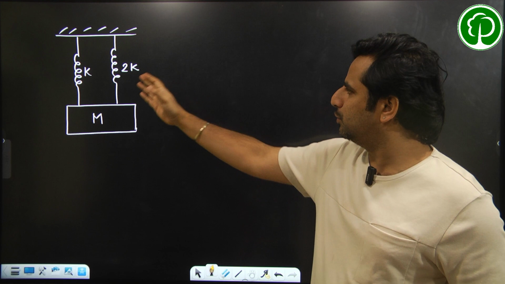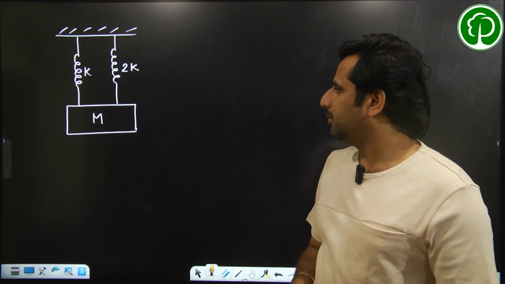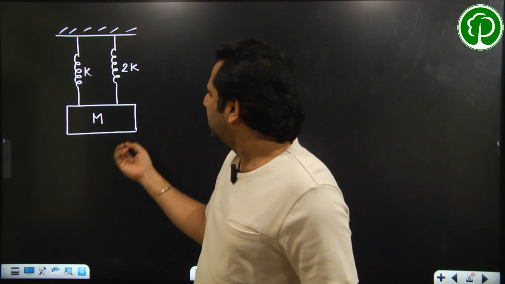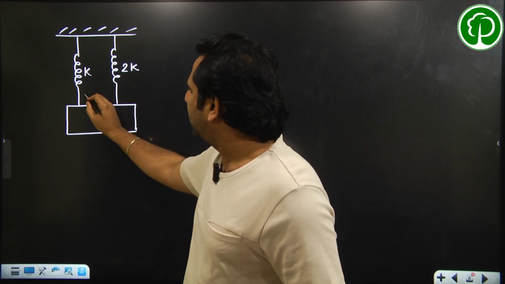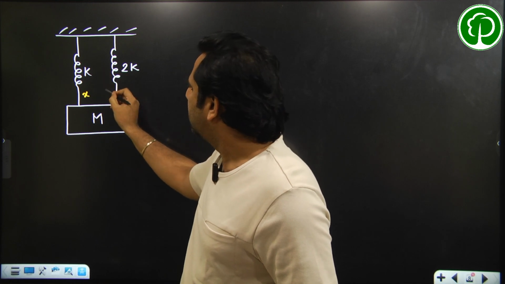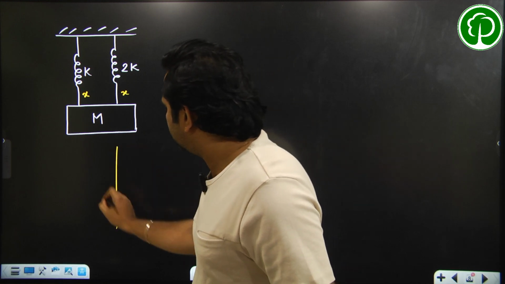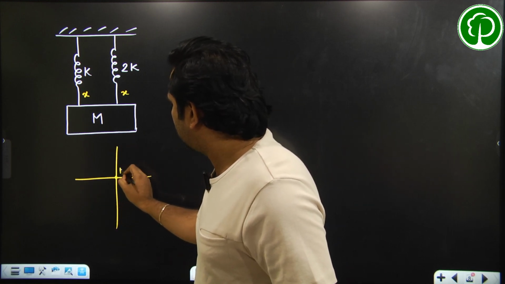Take this simple case, two springs are connected to this block. The system is in equilibrium, so there is some equilibrium stretch. Because both are connected in parallel, if the stretch in the spring of spring constant K is X, in the other spring also it is X. Now draw the free body diagram of this block.